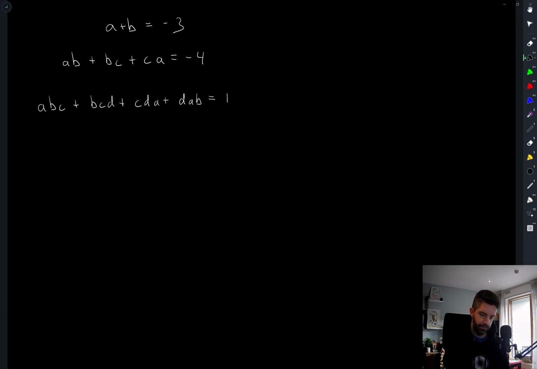And I suppose this is all possible combinations of products of these three. And obviously the last one involves all four of these variables.